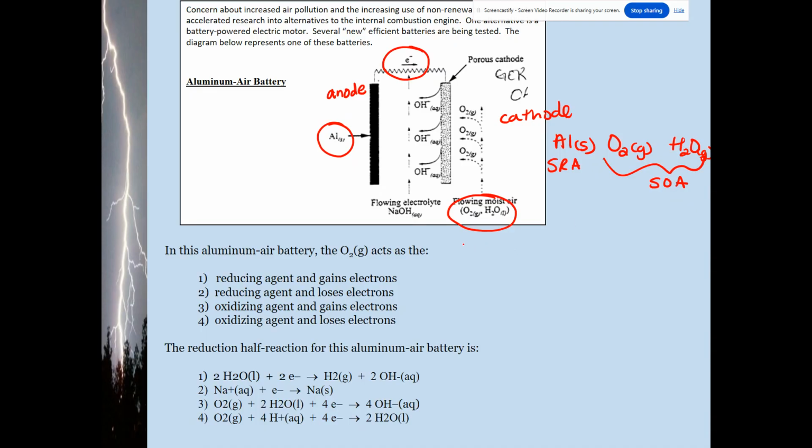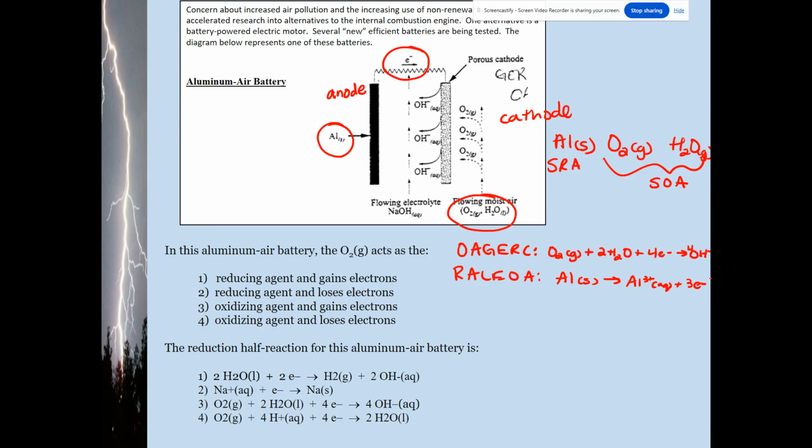So if I were to write my reactions, my OA reaction is oxygen plus 2 waters plus 4 electrons producing 4 hydroxide ions, and my reducing agent losing electrons at the anode would just be the simple aluminum reaction where it forms aluminum ions, okay?